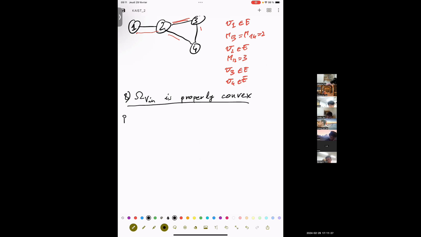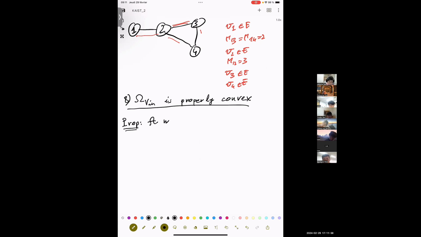So the proposition is the following. I don't recall all the hypotheses, but A is of negative type. So I have a reflection group, a representation. I assume that A is of negative type and that the vector space V alpha, that I gave just before, is reduced to 0.